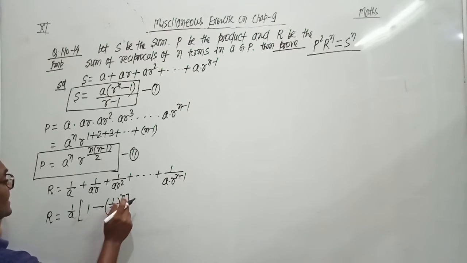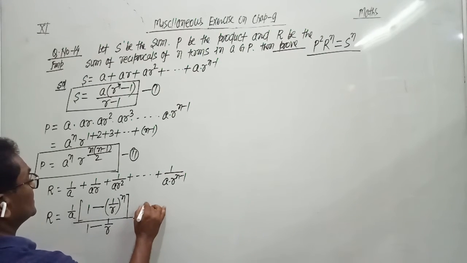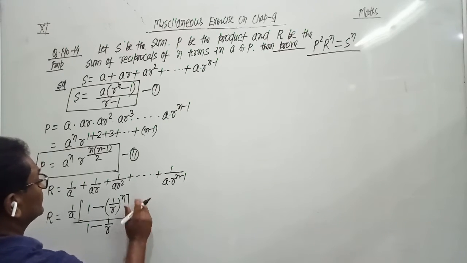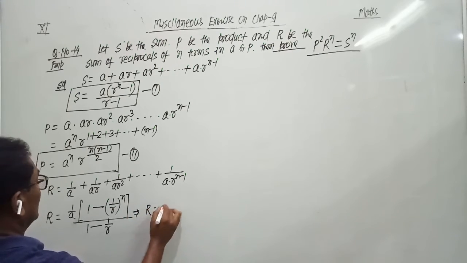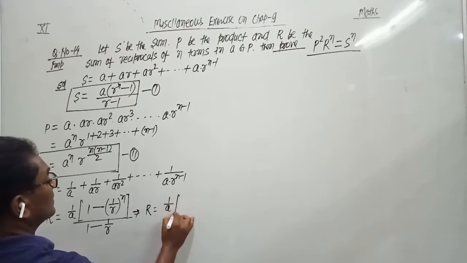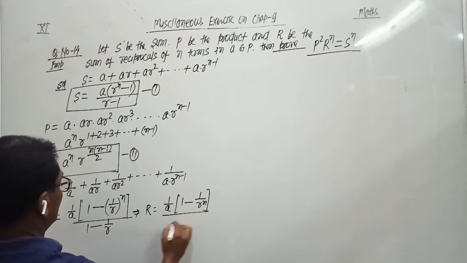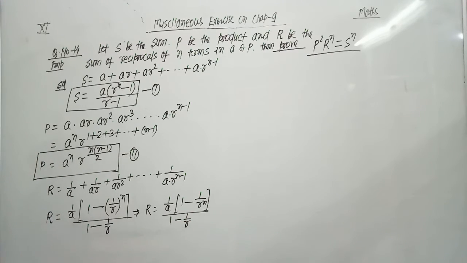A into 1 minus R raised to the power n upon 1 minus R means 1 minus 1 by R. So this becomes capital R equals to 1 by A, 1 minus 1 upon R raised to the power n upon 1 minus 1 by R. So this is the value of R.